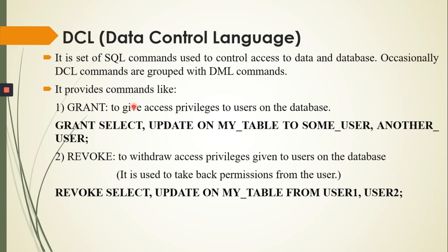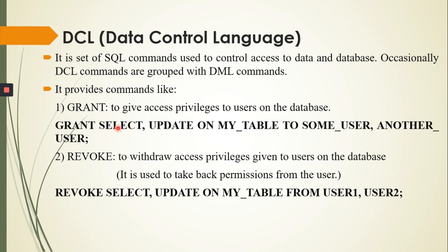So we are giving some rights to users. We give access permission to users using the grant command, and we take back permissions from the user using the revoke command. So there are two commands, grant and revoke. With the grant command, the select command is used to retrieve the data, and the update command is used to update some data.